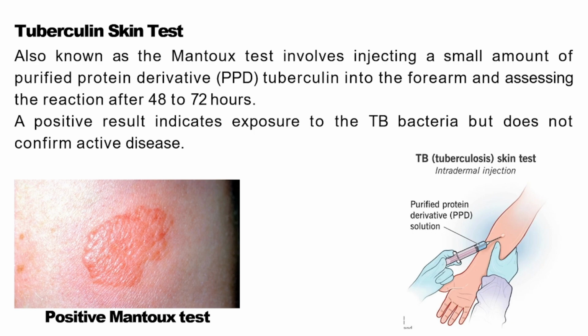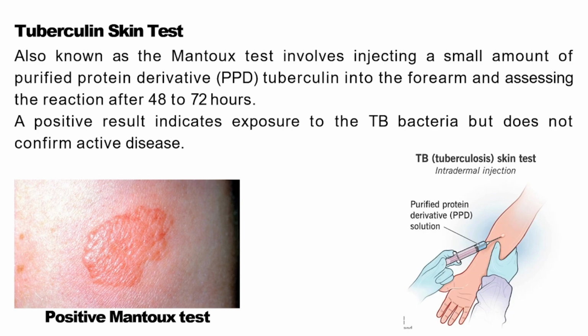A positive result indicates exposure to the TB bacteria but does not confirm active disease. So it is also known as one of the most important diagnostic tests to explore the bacteria causing tuberculosis.